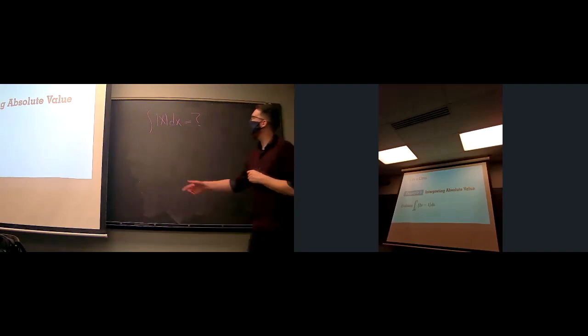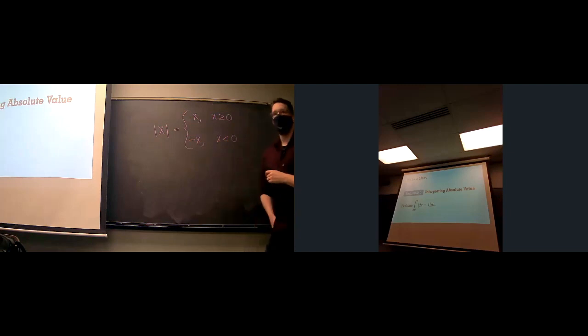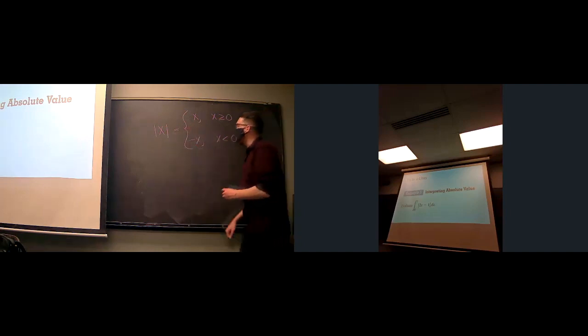Because what this absolute value sign really means is that it's a piecewise function of a particular type. This thing is actually x whenever x is greater than or equal to 0, and negative x whenever x is less than 0. So really, this just chops up our function into two different parts. So we can't actually do this.